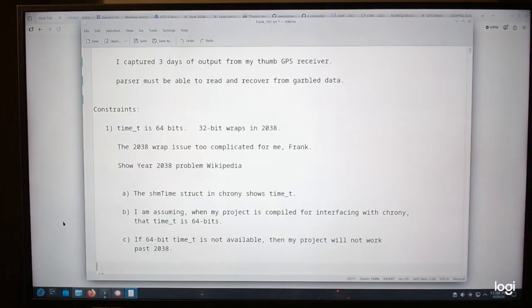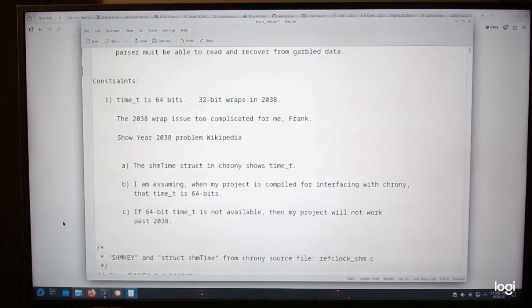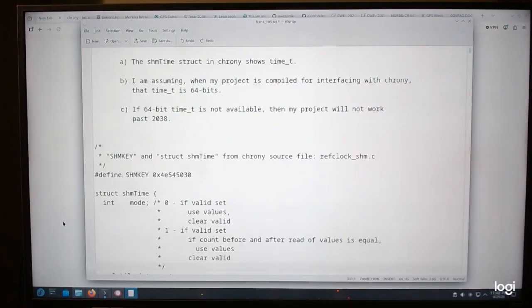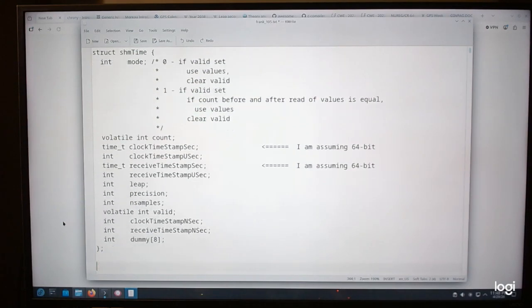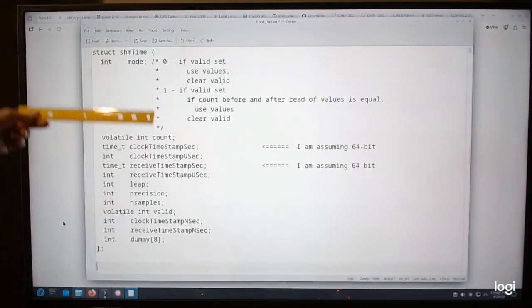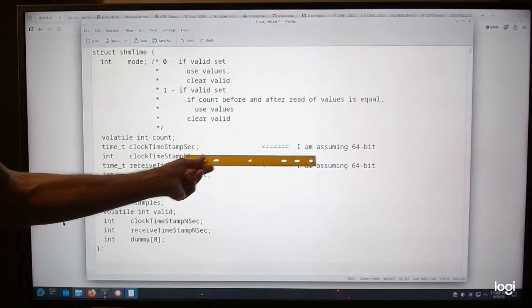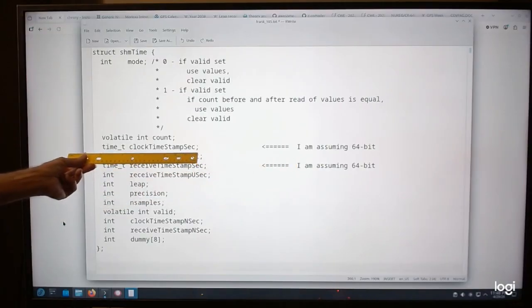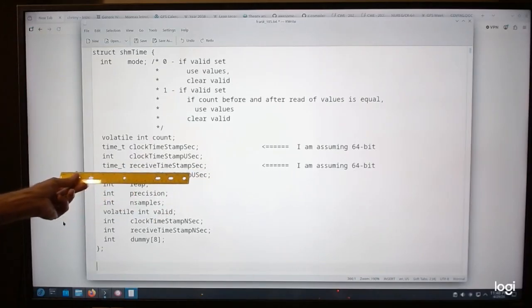Now the shared memory in chrony is time T. Let me show you what I'm talking about. This is that structure, the shared memory structure, and when we hand our time T over to chrony, I'm assuming that those fields are 64 bits. 64-bit fields right there.